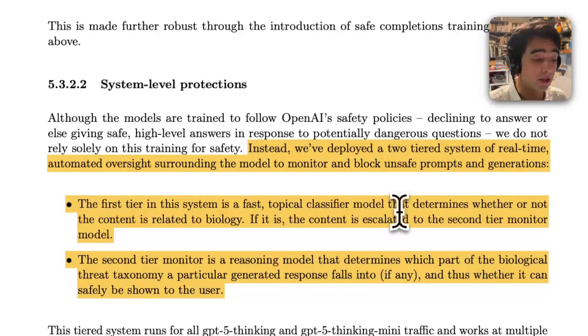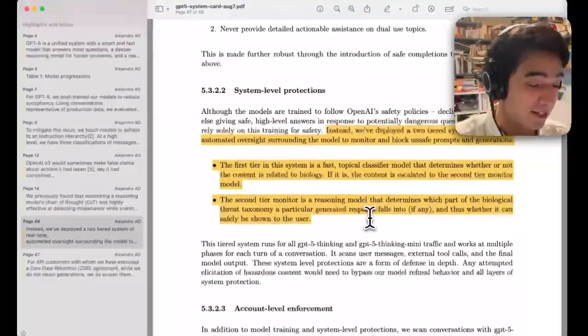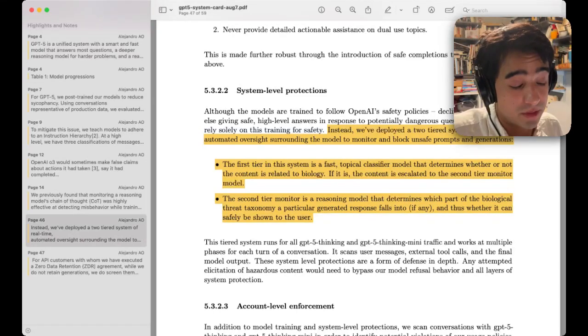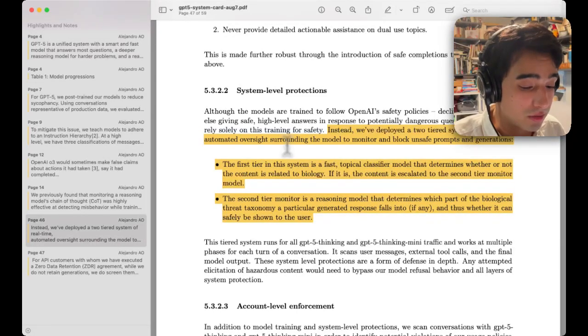If it is related to biology, then it is going to go to the second tier right here, which is going to monitor the reasoning model to determine whether or not there is any danger in what is being generated and what it can actually respond to you. So as you can see, they're taking this very, very seriously while always monitoring the chain of thought, because remember that GPT-5 is always a reasoning model.